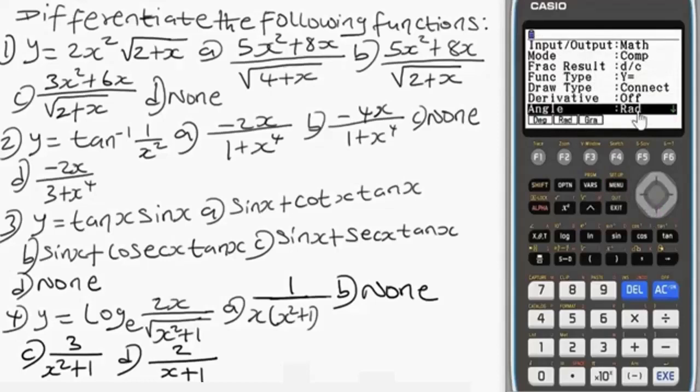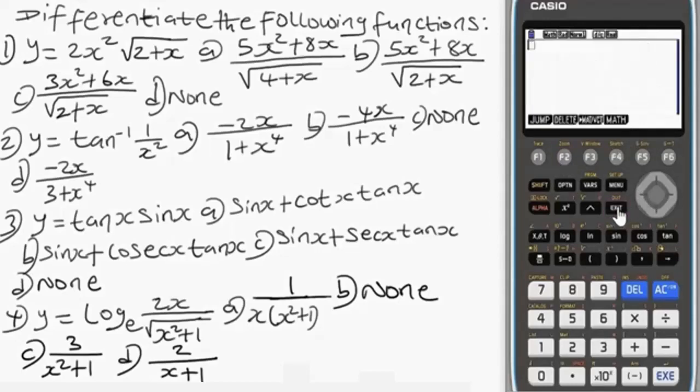So this is angle. For instance, if I press F1 now, it will change to degree. If yours happens to be in degree, to change it to radian, all you have to do is press F2. It will change to radian. Having done this, let's press the exit button.